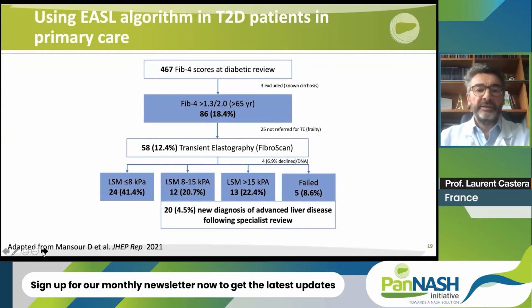The majority, around 40%, had liver stiffness below 8 kilopascal. For the others, it failed in 5 cases, and the rest ranged between 8 and 15 or above 15. At the end of the day, only 20 patients, less than 5%, had a new diagnosis of advanced liver disease following specialist review. So this algorithm does not seem to be perfectly suited for type 2 diabetes patients.